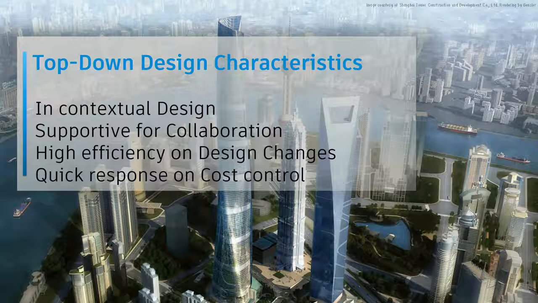The third one is that it's highly efficient on design change. Usually top-down design has a skeleton model as its basis, so any changes made to the skeleton model are updated directly downstream. And the last one is quick response for cost control. Since design change is easy, it's much easier to make quick changes based on cost.